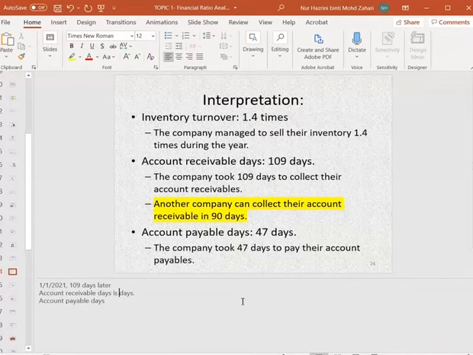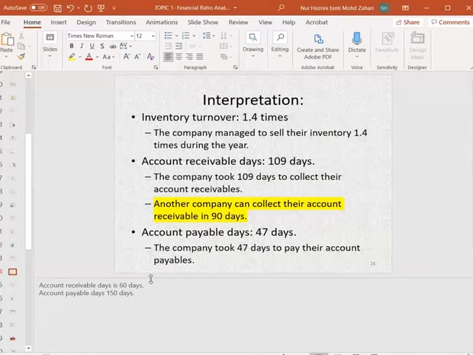We have 365 days only in a year. So this company is not good in collecting back the debtor. So let's say 60 days account receivable days, and then account payable days is, let's say, 150 days. This is my example only. So if you look at the account receivable days, you can collect your account receivable in 60 days.